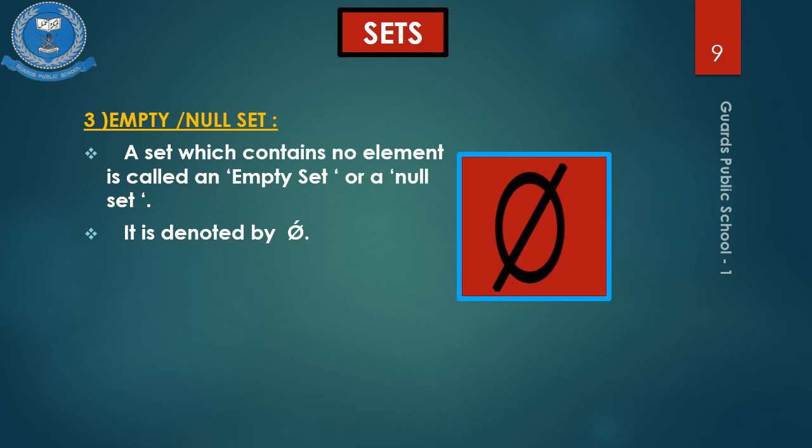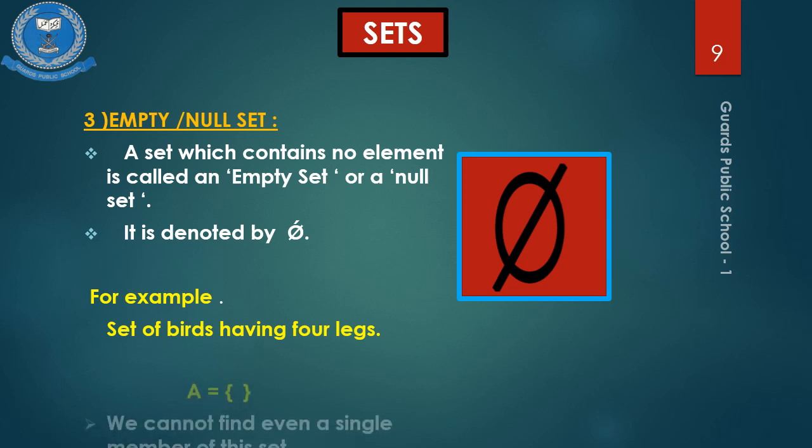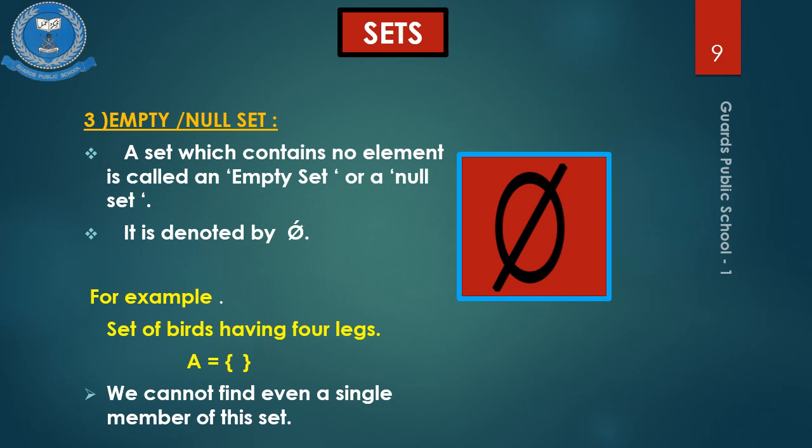For example, a set of birds having 4 legs. As you all know, birds don't have 4 legs. Birds have only 2 legs. So we cannot find even a single element of this set. We can write this set by using only brackets, or we can also use the symbol.